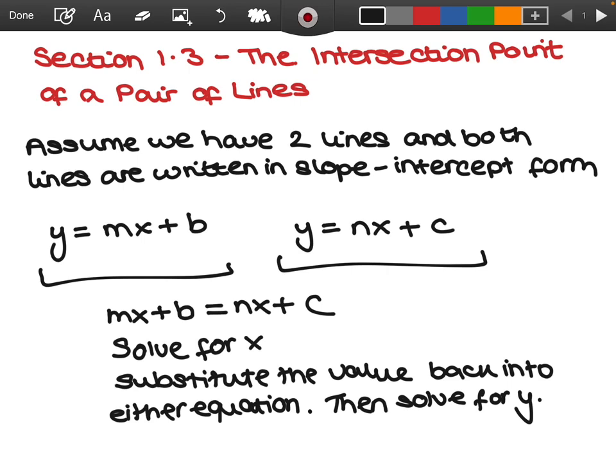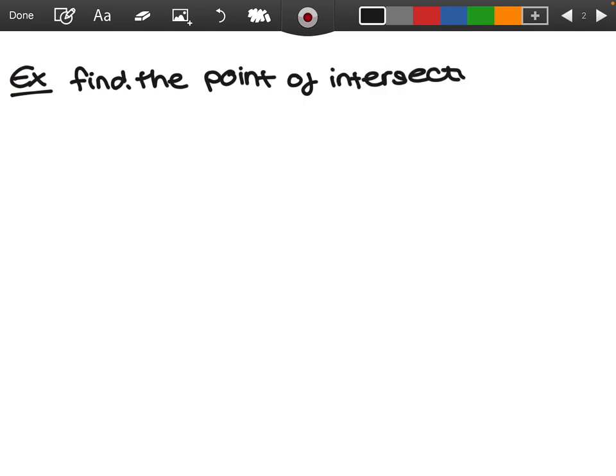We'll do a quick example for this where we have two lines that are both in slope-intercept form. As I said, that's the easiest kind of scenario that you can have. So we're going to find the point of intersection of the two lines.